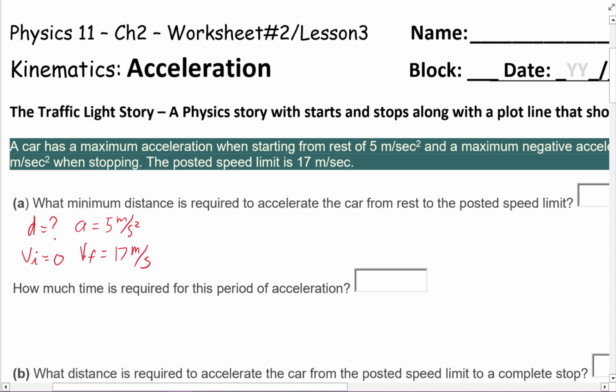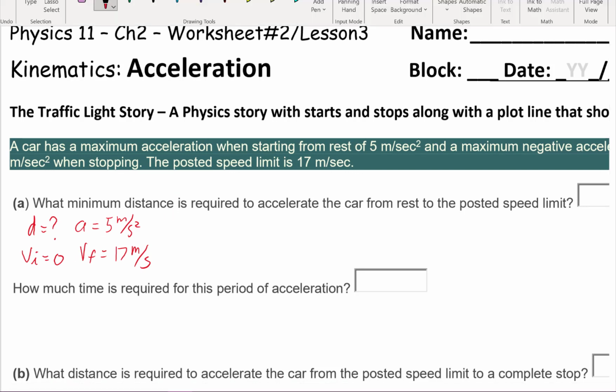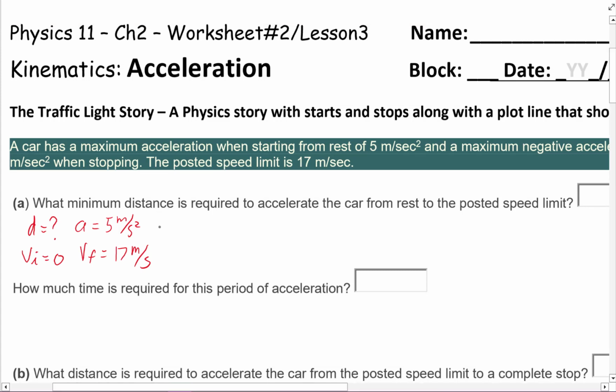Given A, VI, and VF, and asked for D, the formula that we want to use is VF squared is equal to VI squared plus 2AD. VI is 0, so that disappears.